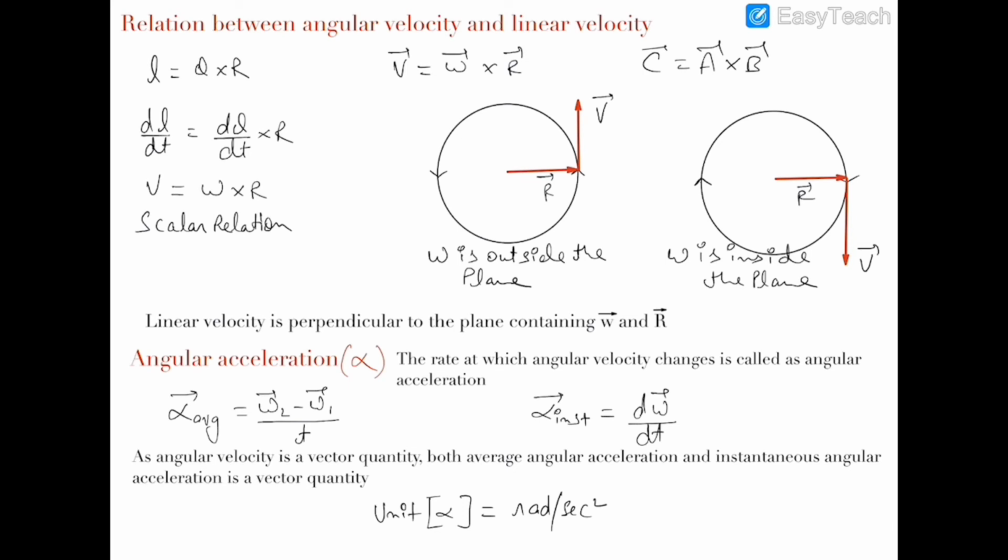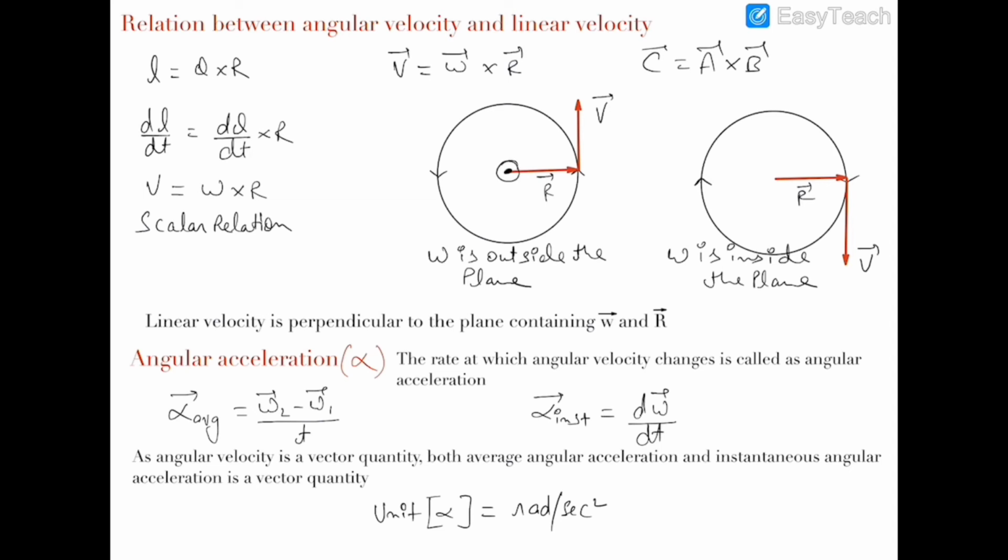So in the similar way, if v vector is equal to omega cross r vector, then we can verify this result, that v vector is towards this direction, and omega is towards yourself, because it is coming out of the plane, because the body is moving in an anti-clockwise sense.